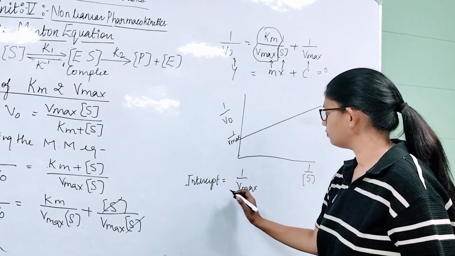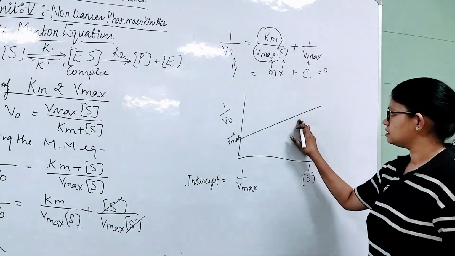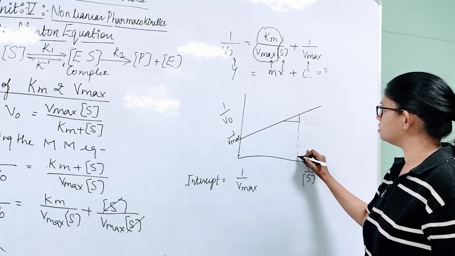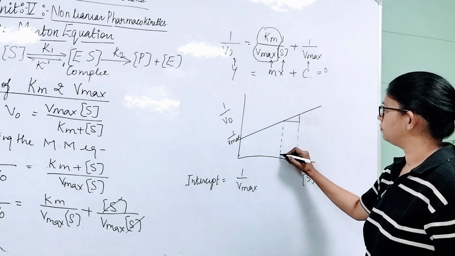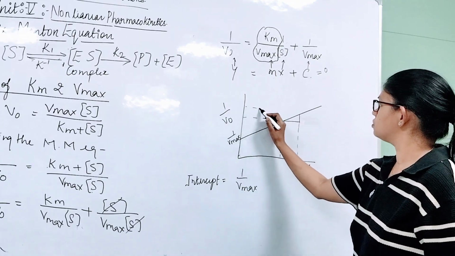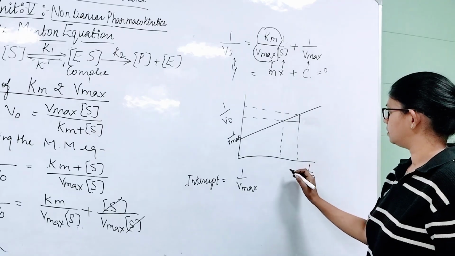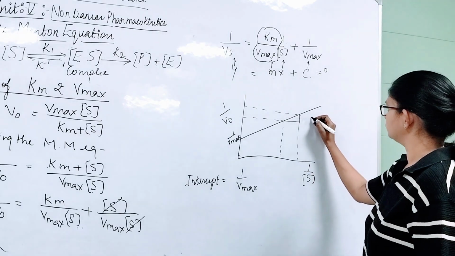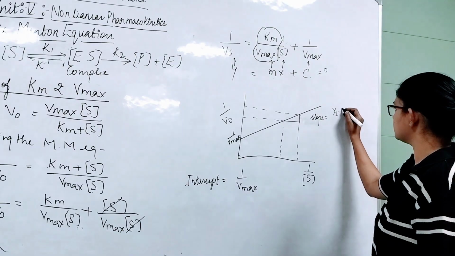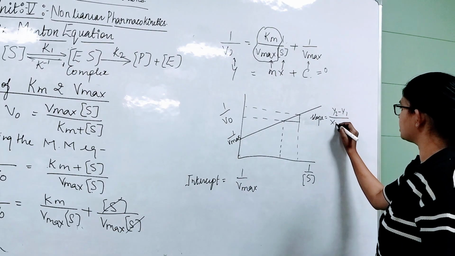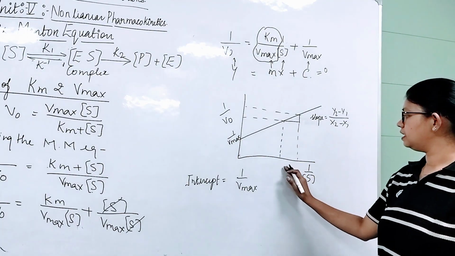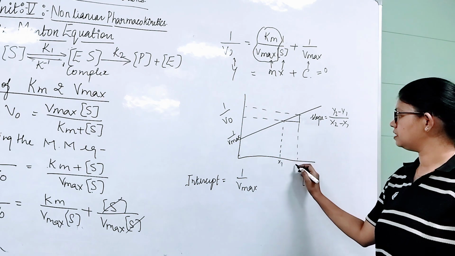Next, from this line we will calculate the slope, and the formula of slope is y2 minus y1 upon x2 minus x1, and here this is the x-axis, x1, x2.